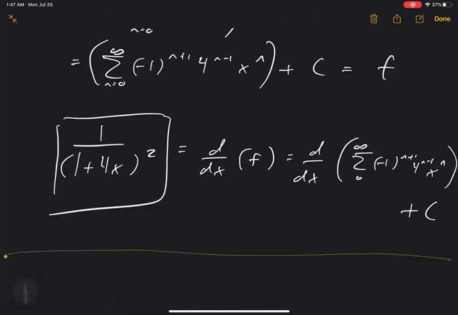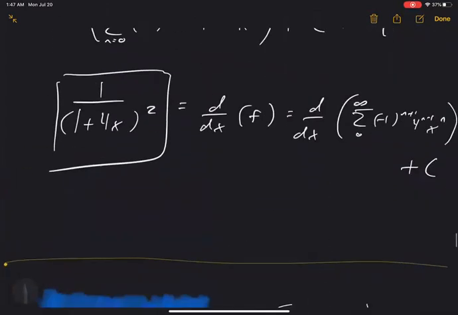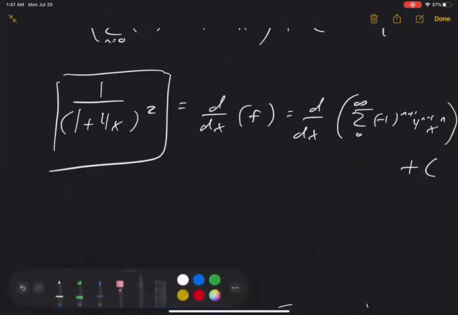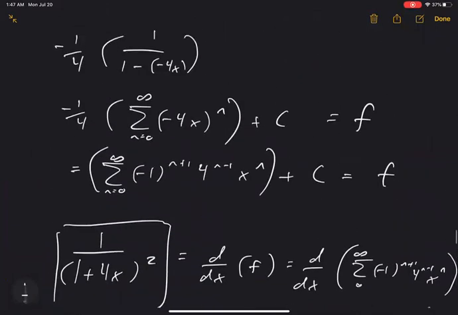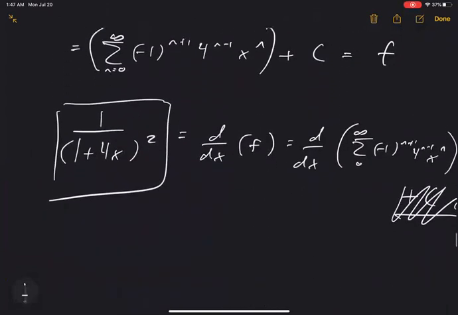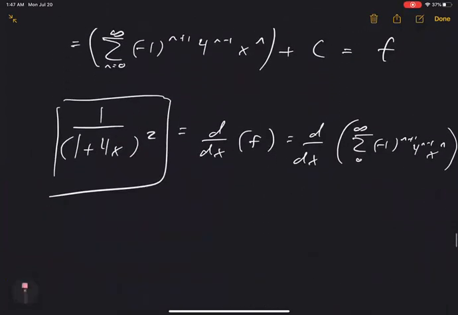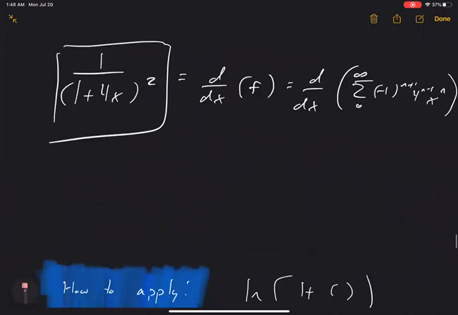First of all, what's going to happen to that capital C? This is just a constant, right? So when we take the derivative, that's totally going to get obliterated, which is why I was saying for this type of problem, it's redundant. All right, what about the rest? What's the derivative of this stuff? Well, I just differentiate term by term.